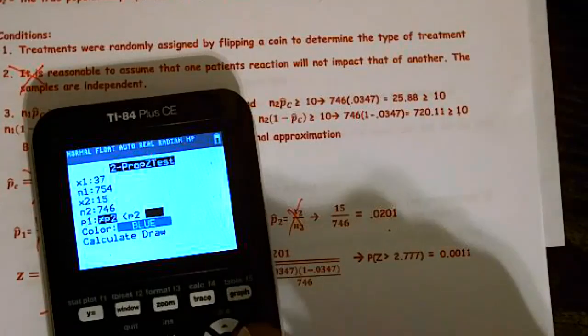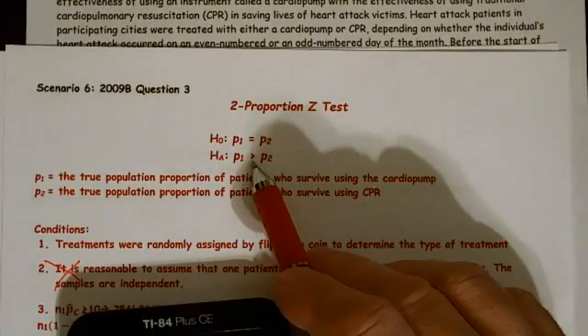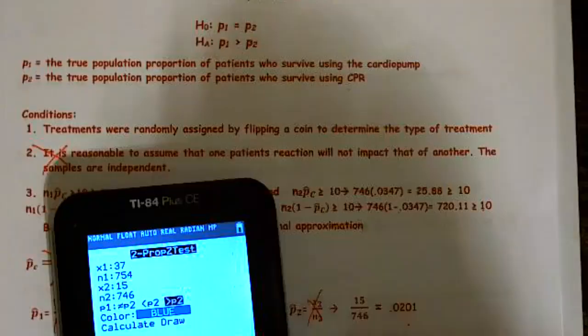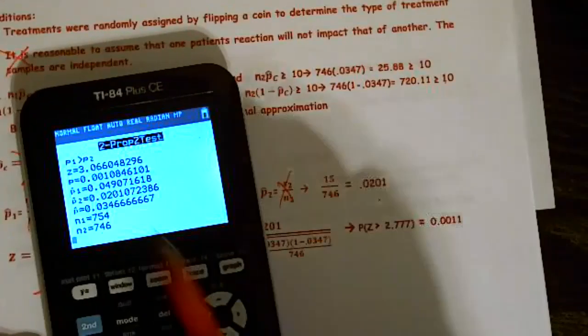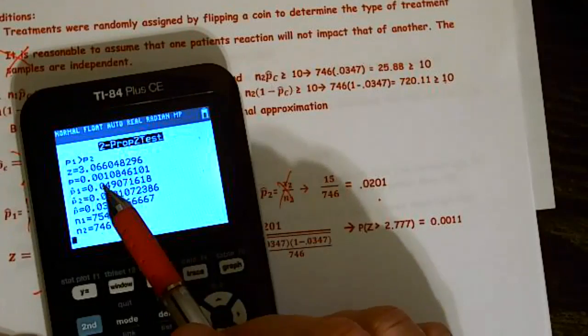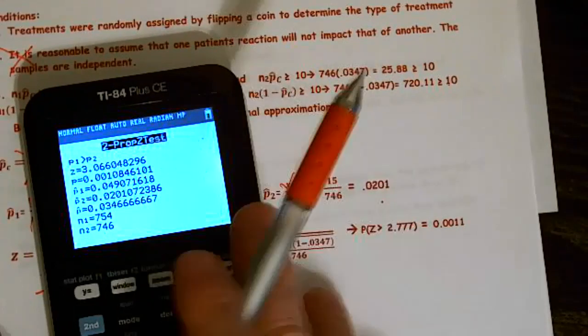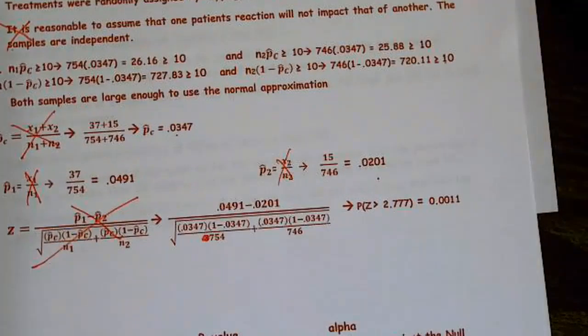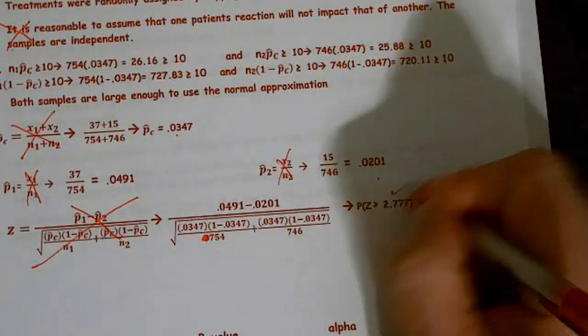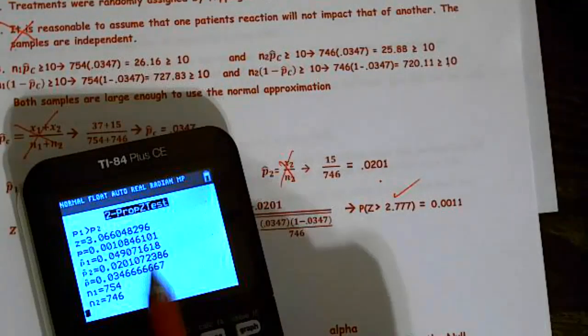We had an alternative of greater than. And I end up getting a p-value of 0.001. That's a pretty small p-value. Oh, make sure you always have your z. I forgot to say that. Make sure you always have your z.